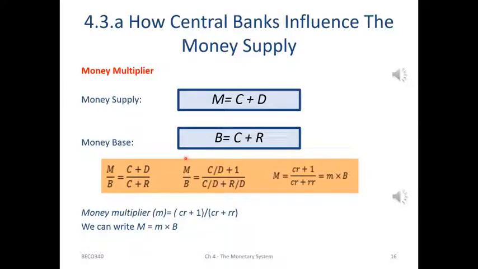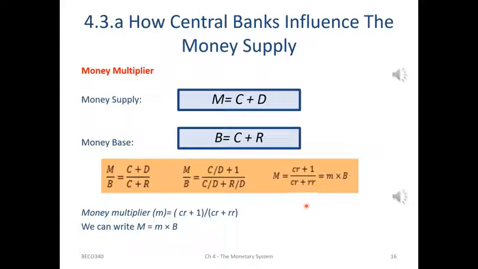To solve for the money supply as a function of the three variables, the monetary base, the reserve deposit ratio, and the currency deposit ratio, we divide the first equation by the second to obtain M over B is equal to C plus D over C plus R. We then divide both the top and the bottom of the expression on the right by D: C over D plus 1 over C over D plus R over D. Notice that C over D is the currency deposit ratio, CR, and R over D is the reserve deposit ratio, RR.